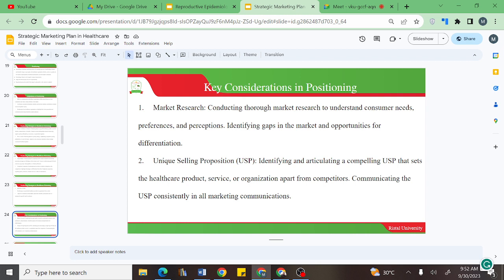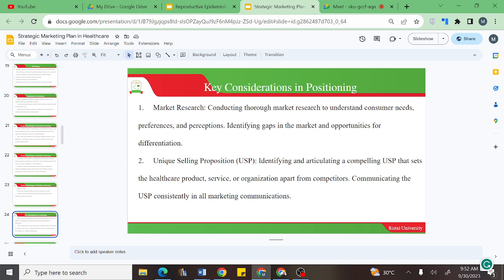So what are the preferences, needs and perceptions of your clients? Identify the gaps in the market, and then see how you can align the opportunities within the market together, taking note of the differentiation that you want to undertake.